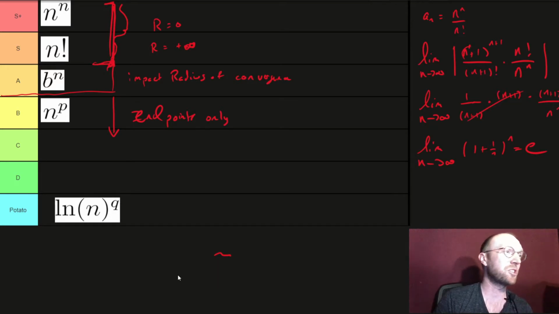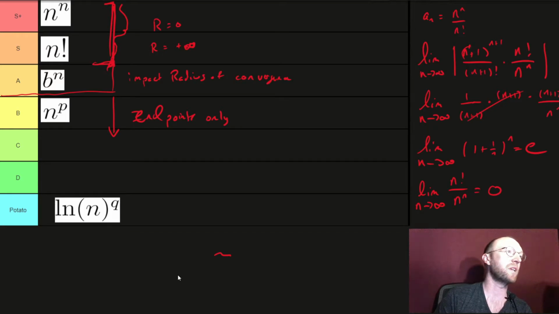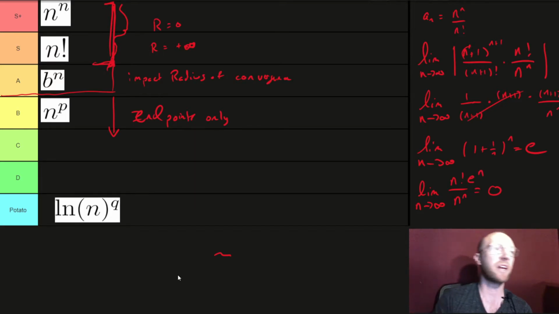So I give it a suggestion. It's natural to think that, sure, the limit of n factorial over n to the n we know equals 0. n to the n dominates it. Well, what if I slap an e to the n up here?